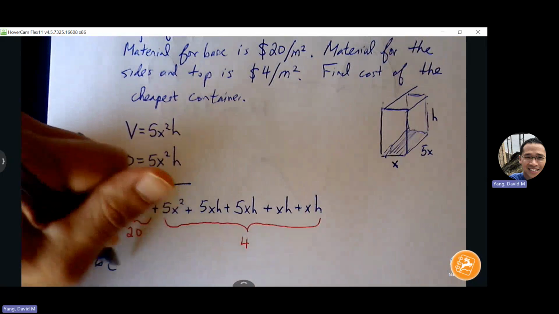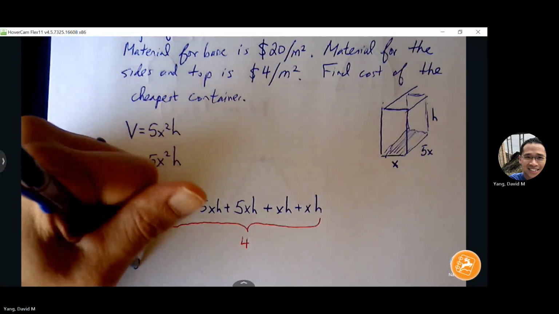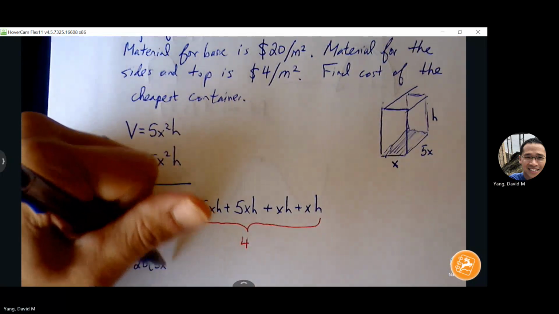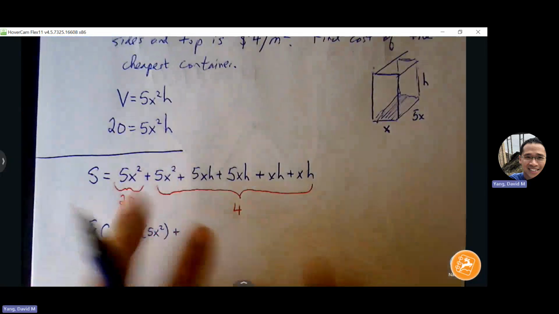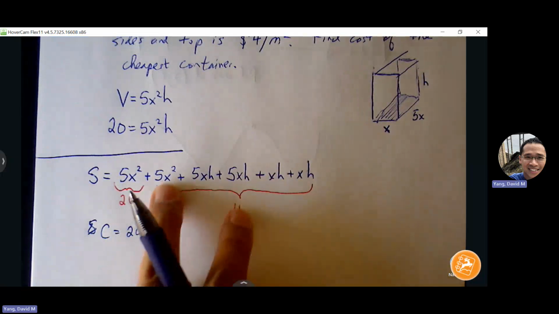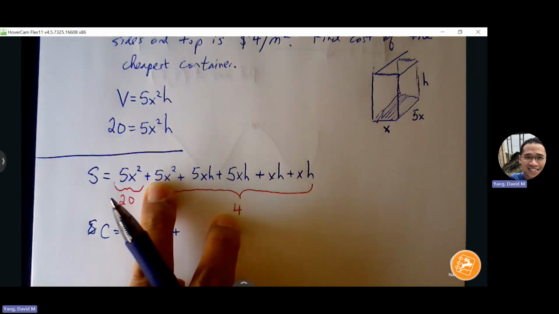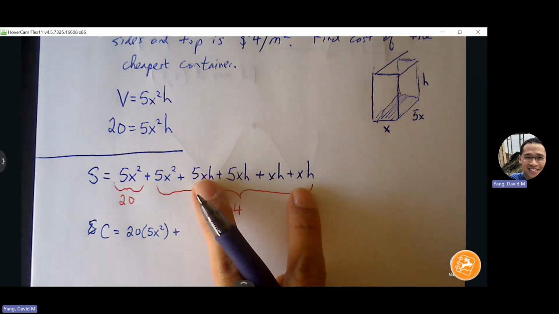So here's my cost equation. I'm going to separate these because these are not like terms, right? So I'm going to separate the top, which is $4, and then the sides, which is another $4.